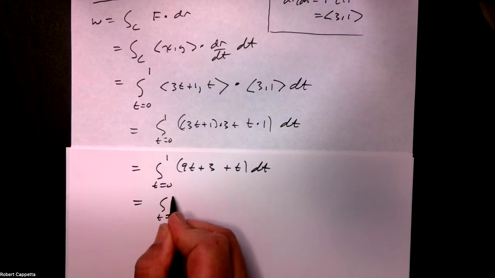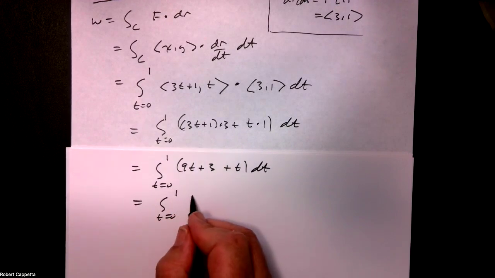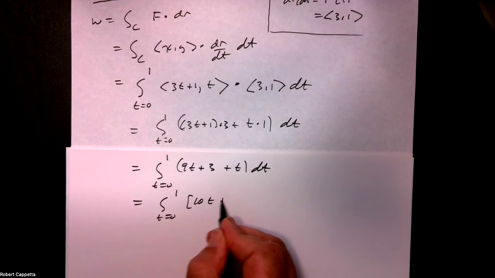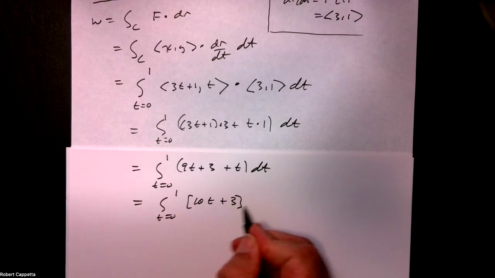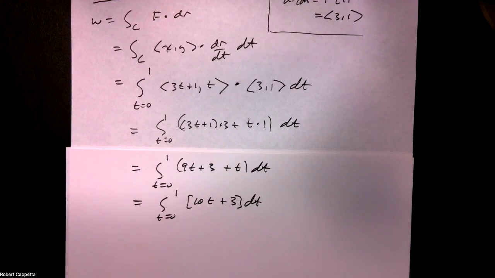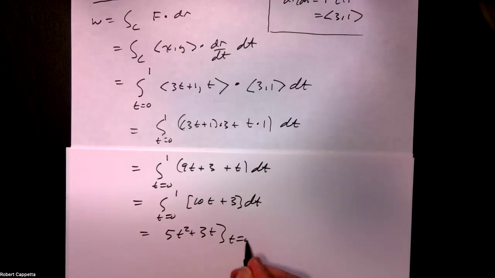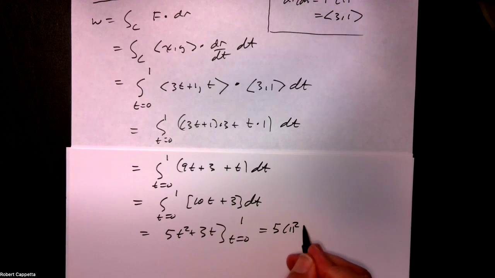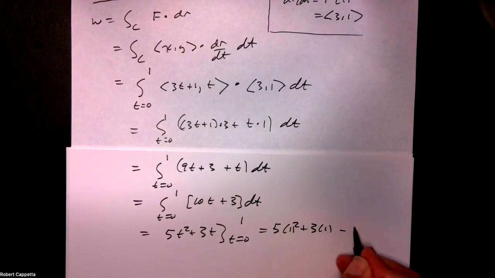Integral as t goes from 0 to 1, 9t plus t, 10t plus 3. My antiderivative here is 5t squared plus 3t as t ranges from 0 to 1. 5 times 1 squared plus 3 times 1 minus 0 plus 0. And my answer is 5 plus 3 is 8.